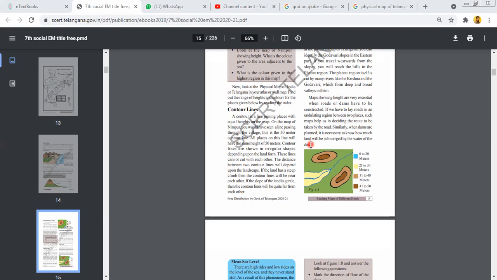Like that, by using contour lines and shades, we can explain the heights of the places. Okay, so if you take the physical map of Telangana, how can you show the heights on the map? Here also the plan of Nimpur village is given.